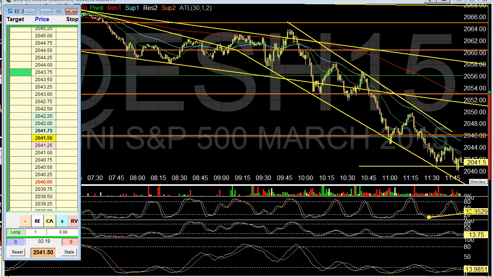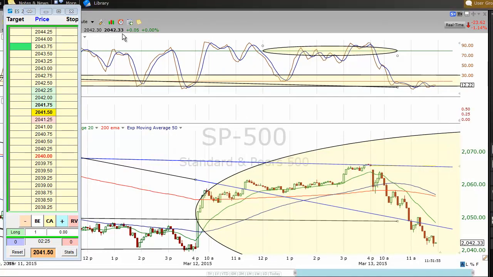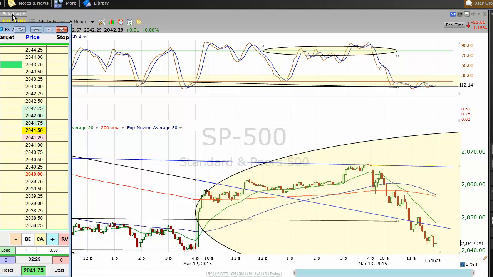Just chopping around here. While I do this, I'm just going to let this thing chill out. I'm going to look at that S&P cash chart, which is the SPX. Even that 5-minute here is not giving us much to look at. It's choppy.